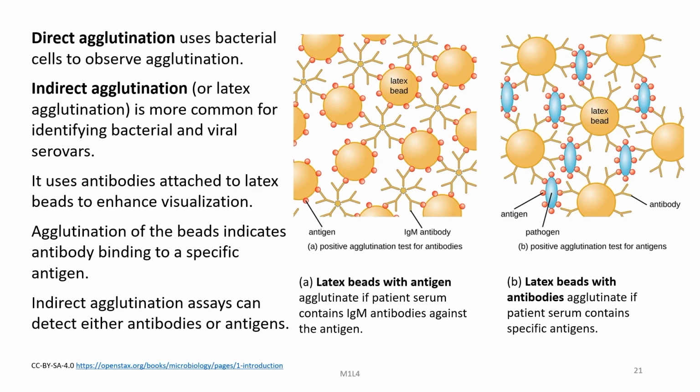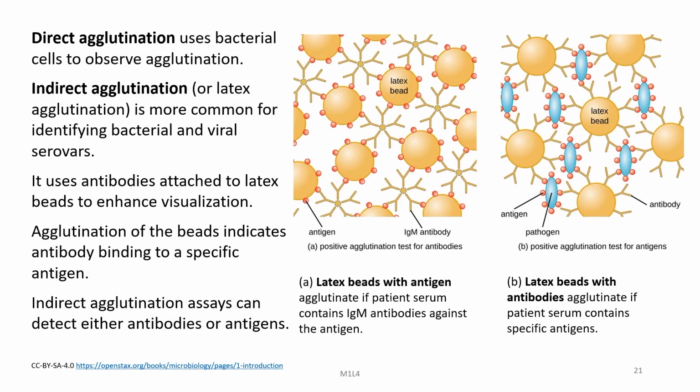Then indirect agglutination or latex agglutination is more common for identifying bacterial and viral serovars. It uses antibodies attached to latex beads to enhance visualization. Agglutination of the beads indicates antibody binding to a specific antigen, and indirect agglutination assays can detect either antibodies or antigen. Here are two cases.